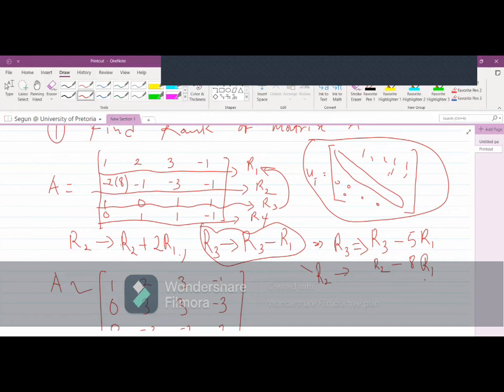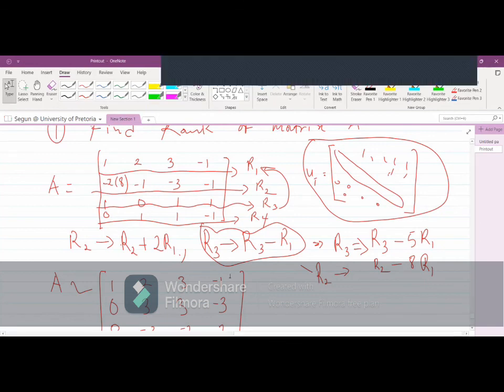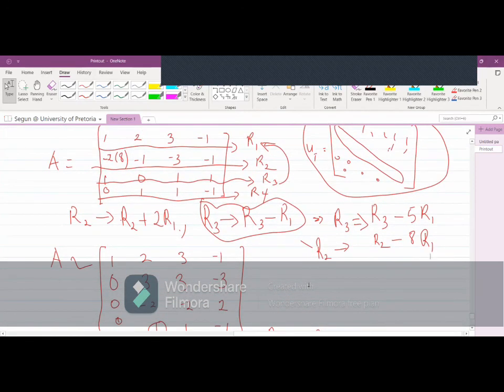Now, if we move to the next figure, which is minus 1, it's the same. You use the same operation on them. Row 2 is minus 1, and in row 1 we have 2.